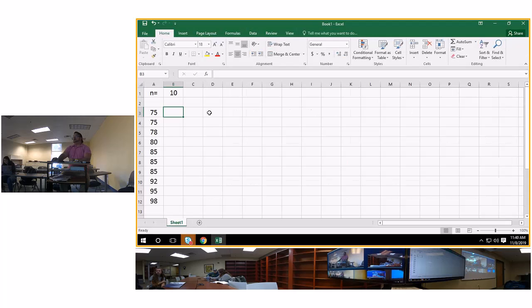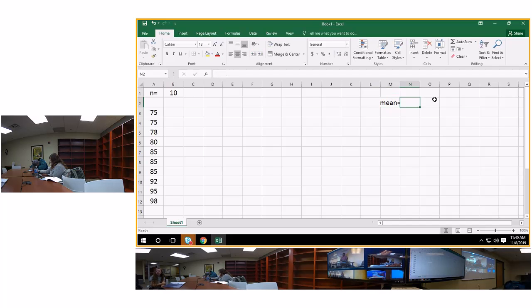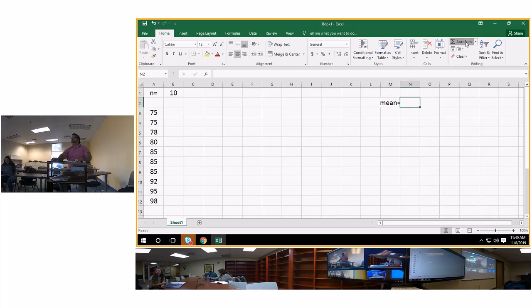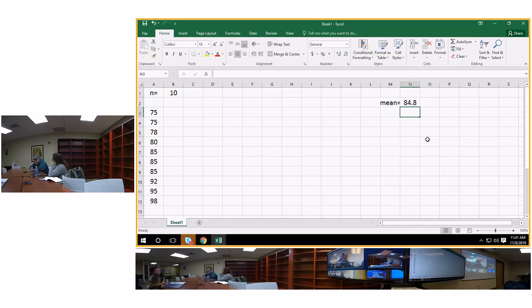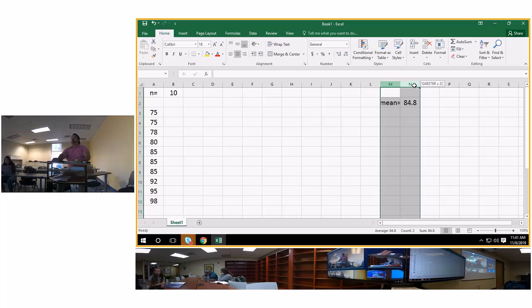There we go. All right, so I'm going to find the mean first. Mean is equal to, and I'm going to go summation, highlight all these, and I'm going to divide by that number right there. 84.8. So everybody should have 84.8.